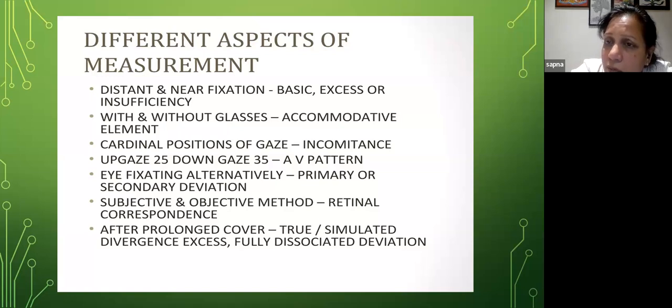In that case, we plan to do a bilateral lateral rectus recession instead of doing an R&R. Or we recess more of the lateral rectus and do less of a medial rectus. So in the side gaze, it is important. But whether you're doing it for near or distance, it is wherever you are getting the maximum deviation. Right.